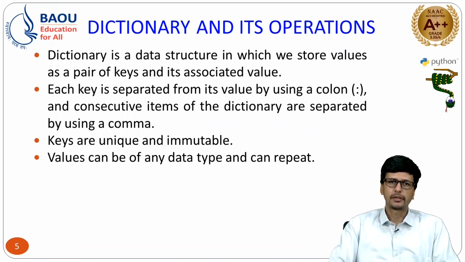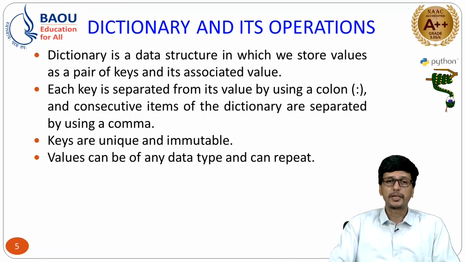We will also see the difference between data structures like list and dictionary later on. But the basic difference is that whenever you create a list, the index is in integer format. If you want to access some value from the list, you can access it with the help of an index that starts with 0, 1, 2, 3 and so on.